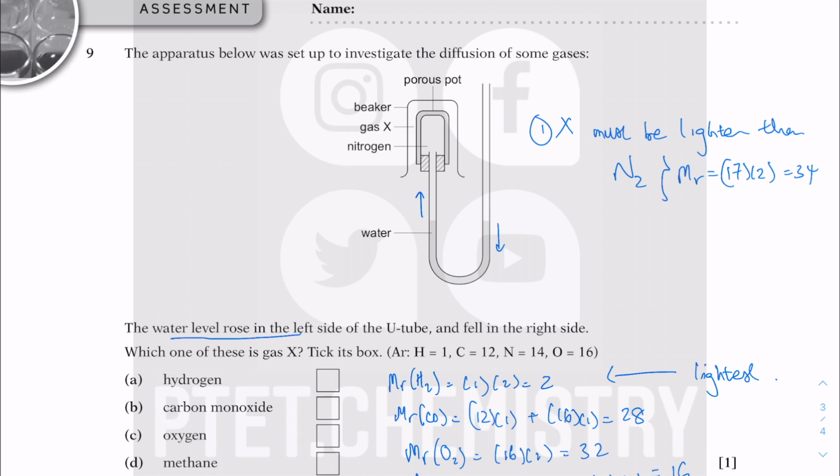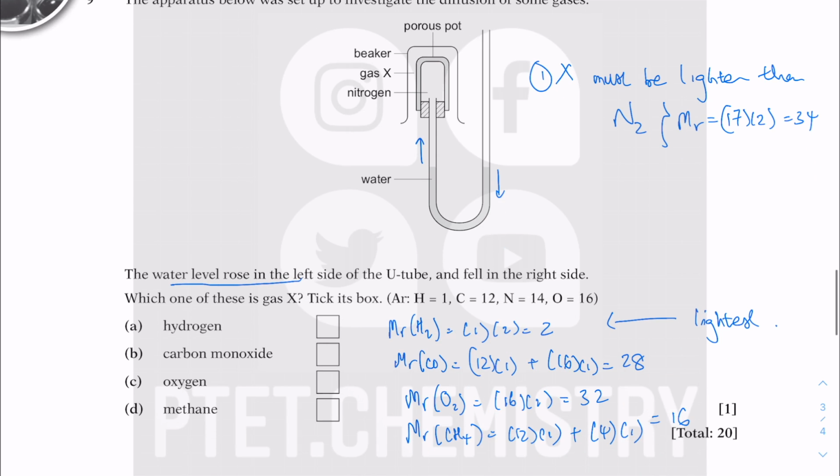So anything which is much lighter than that, like 2 and then 16 being second lightest, will diffuse pretty quickly into the chamber here, and exert greater pressure on top of whatever nitrogen is already present, so it will move down rather than upward here. So I can cross out hydrogen and CH4 as options that are not possible here.